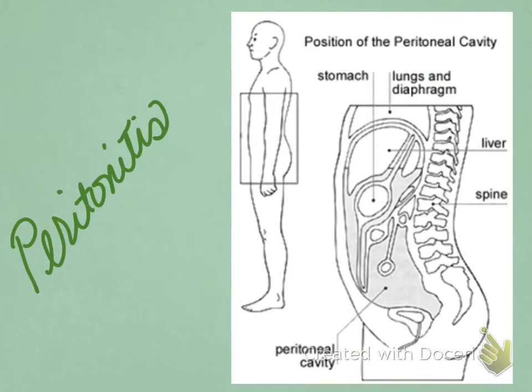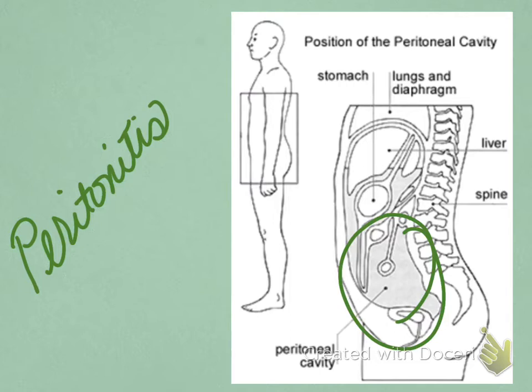So when we have peritonitis, this is happening because we're having localized or general inflammation in the peritoneum. And we have to remember that the peritoneum is a sterile cavity. So this area here is generally sterile. Anything that enters this area and potentially contaminates that area puts you at risk for peritonitis.